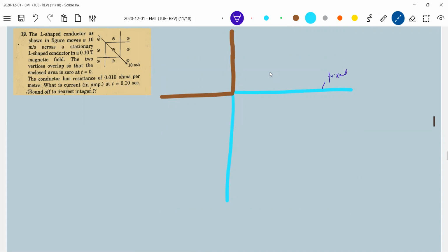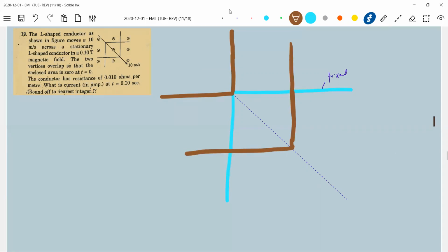It is moved with a constant speed. So after some time, we can expect it to be here. And again after some time, we can expect it to be here.